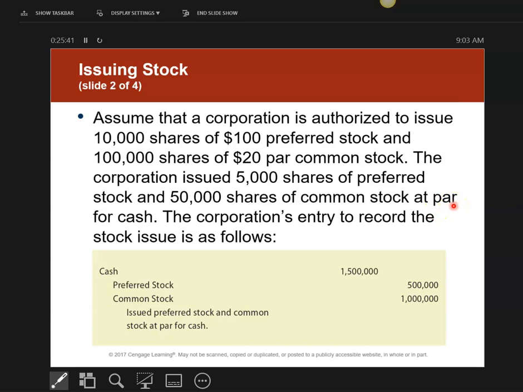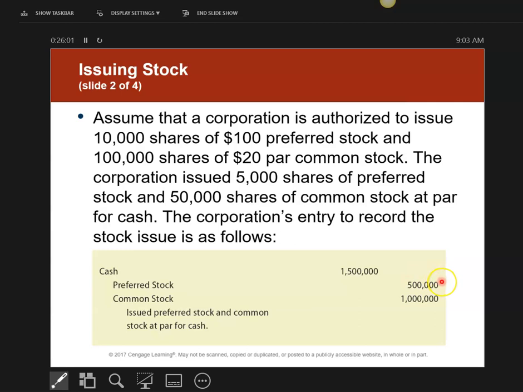So how much cash did I get? I got 5,000 shares times $100, which is $500,000, and I got 50,000 shares times $20, which is $1 million. So I got $1.5 million in cash.